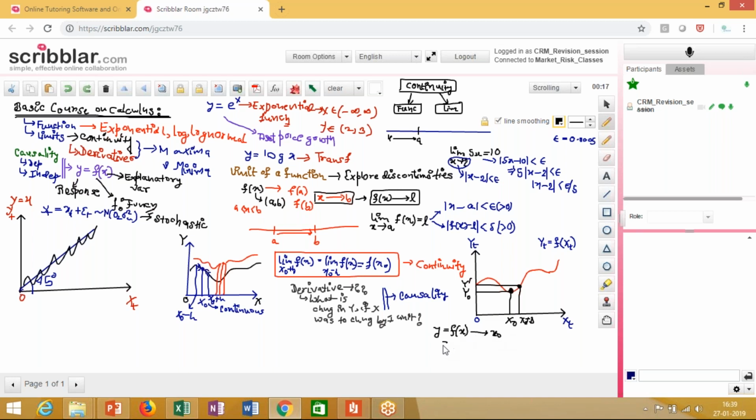This meant that at x equal to x0, y had the value y0. Now x0 increases by an amount of delta. So this is the initial value of y.